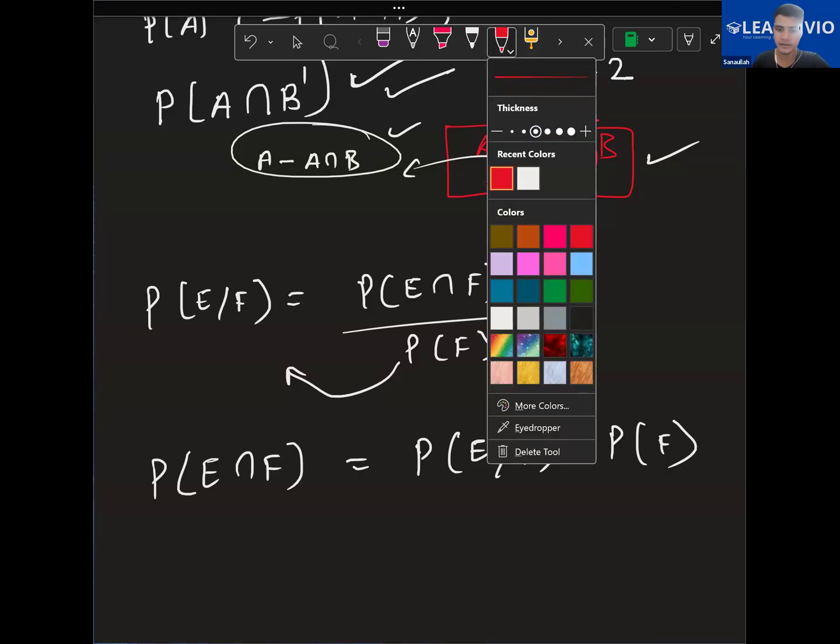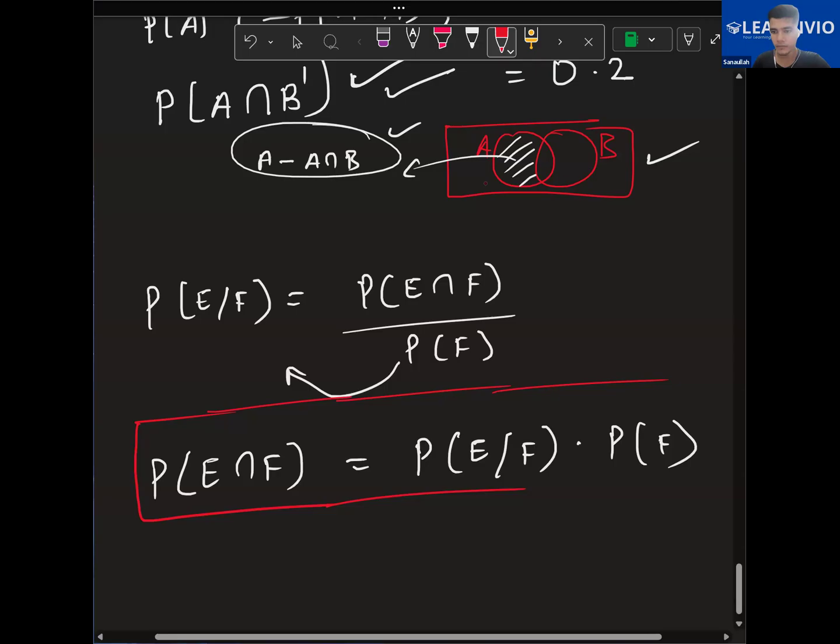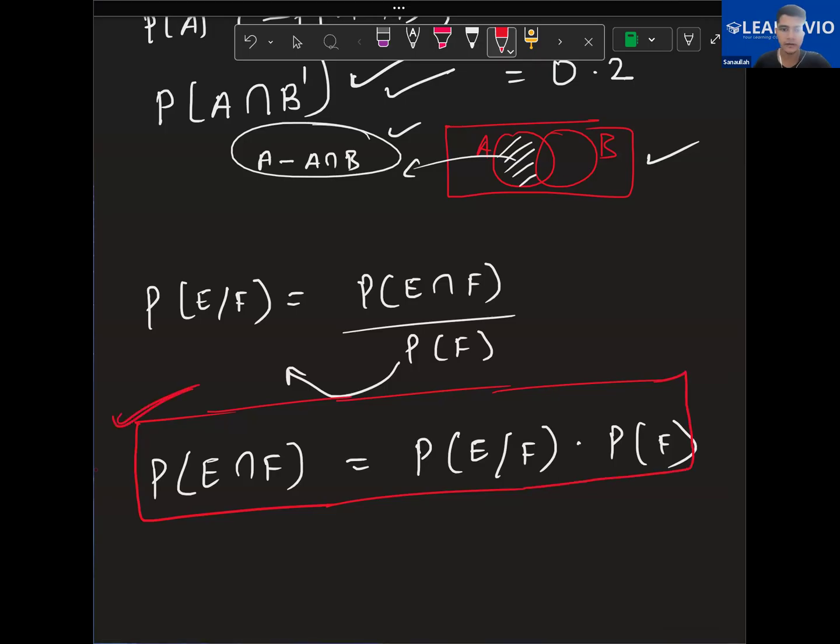Because we are multiplying these two probabilities, that's why it is known as the multiplication theorem. And this is useful to find the intersection probability between two events.